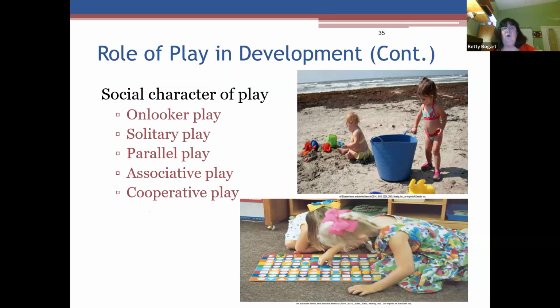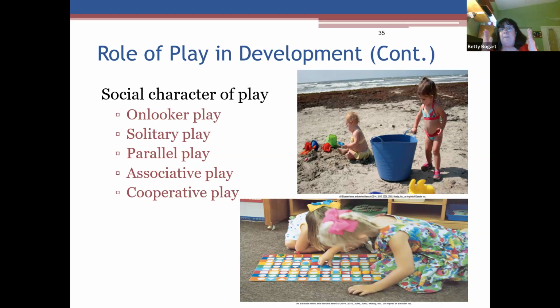So onlooker play is kids looking at another kid playing, period. Solitary play, you play alone with your own toys. Toddlers are the parallel play. Children that are 1 to 3, toddlers, tend to play with their own toys, and then the other kid with their own toys, and they don't share toys. They want to play by themselves.